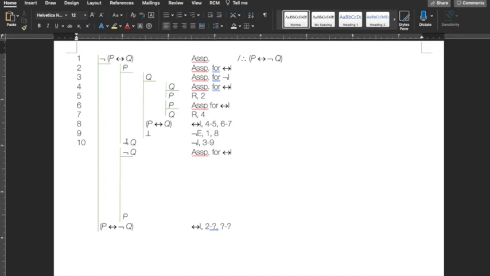So I've got one direction of the biconditional in my conclusion already proved. So that was negation introduction, lines 3 to 9. And eventually, I'm going to justify the first direction of the biconditional with lines 2 to 10 at the concluding line. Now at line 11, I need to assume not Q and see if I can prove P.